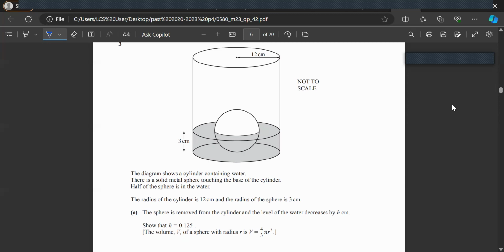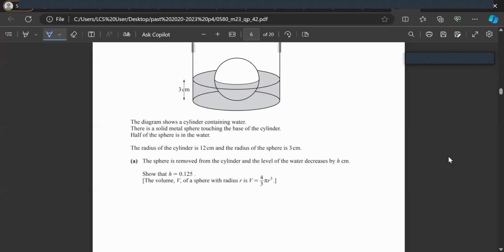Because when I remove the sphere, the volume will go down. So the volume of the sphere equals the volume of the part that decreased, right or wrong? Or we can do it by the traditional way, but it will be the same.